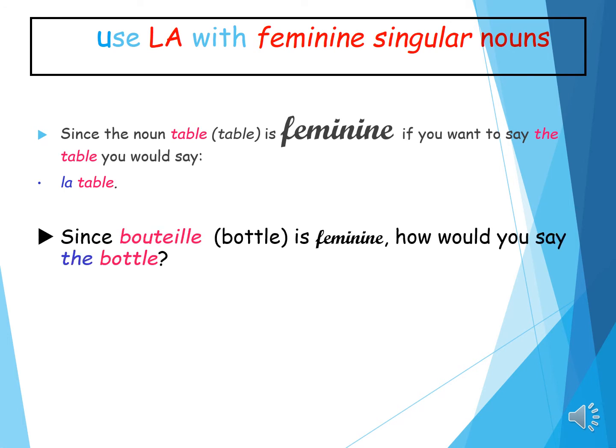Since bouteille, which means bottle in English, is feminine in French, how would you say "the bottle"? La bouteille. So you see that if the noun is feminine and singular, you will be using the article la in front of that noun.